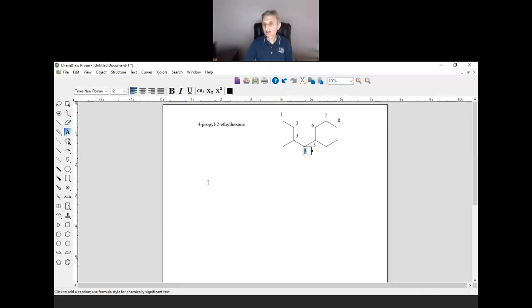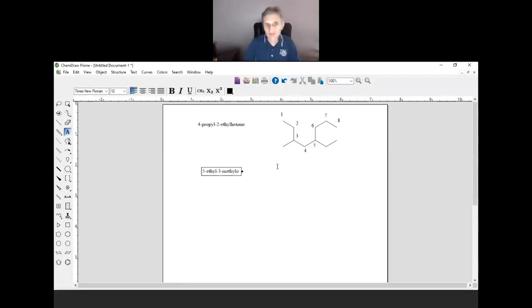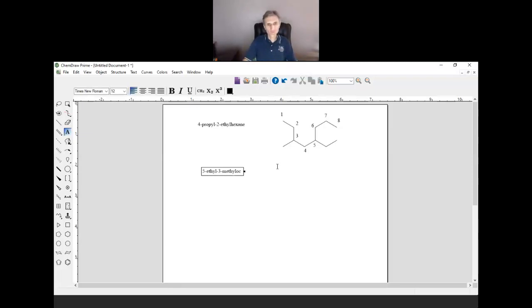Ethyl is on carbon 5, so it's going to be 5-ethyl. And then you list methyl second, it's on carbon 3. And it's octane. And that's the answer.